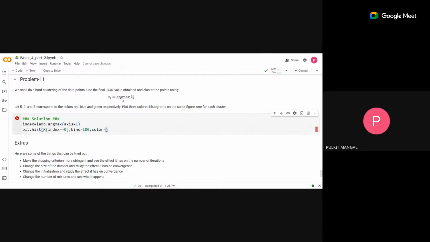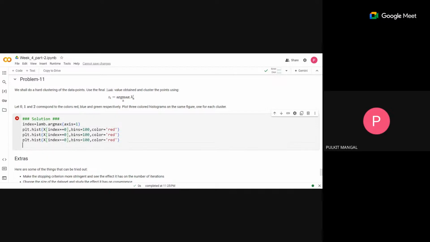The color that we will give here is red. Same thing we will do for 1 and 2, while we will color them as blue and green.